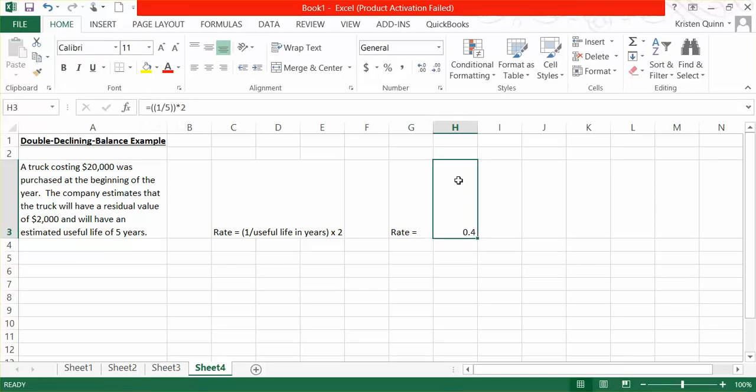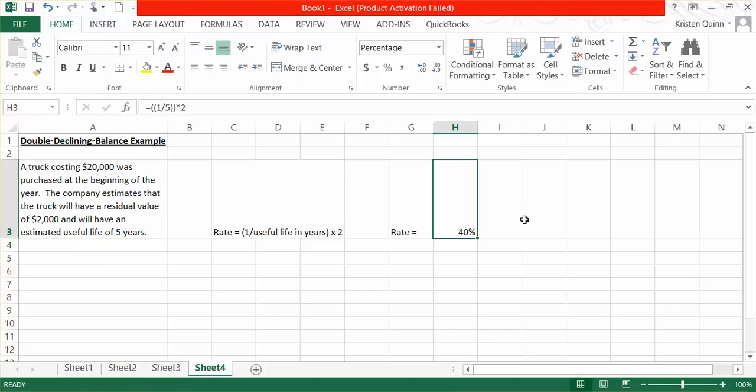That gets us our double declining balance rate of 0.4 or 40%, meaning that every year over this asset's useful life, we will depreciate it by 40%.